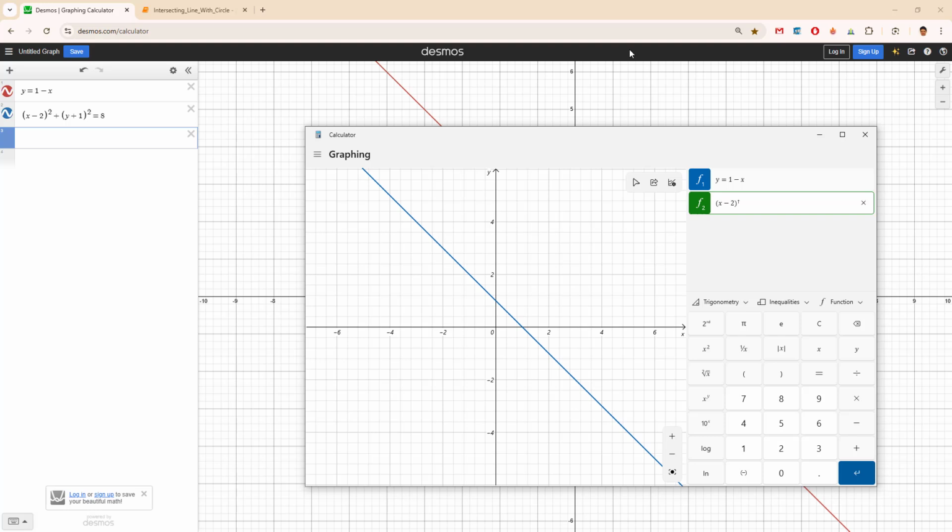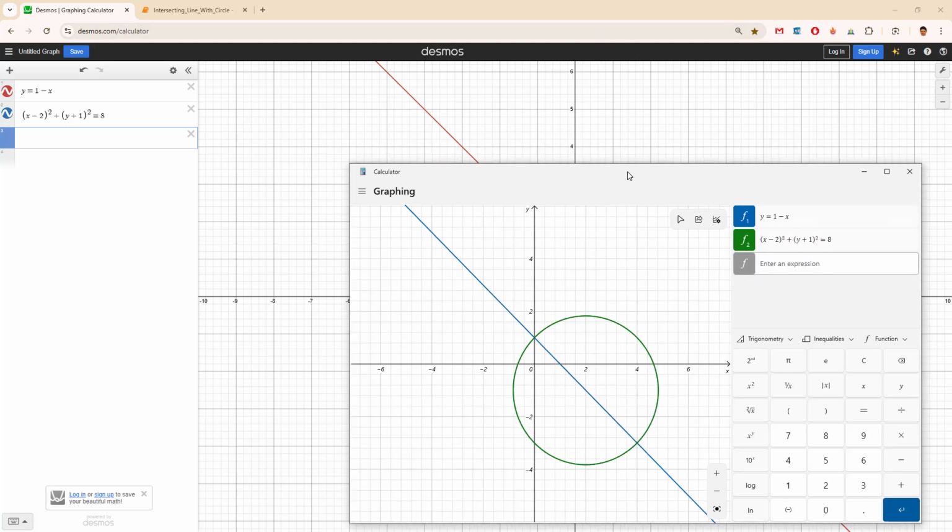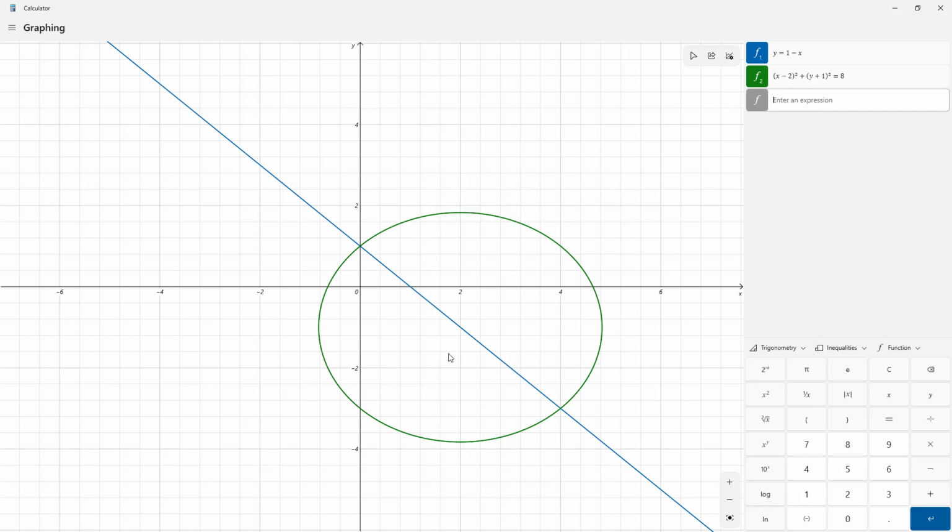For squared we use shift and 6, plus y plus 1 squared equals 8. And yes, with this one we also see that our points are here and here. So to say 4 and minus 3 as we received, and here the touching point is 0 and 1. Although on our picture they were a bit different, it doesn't matter. On this one they are correct.